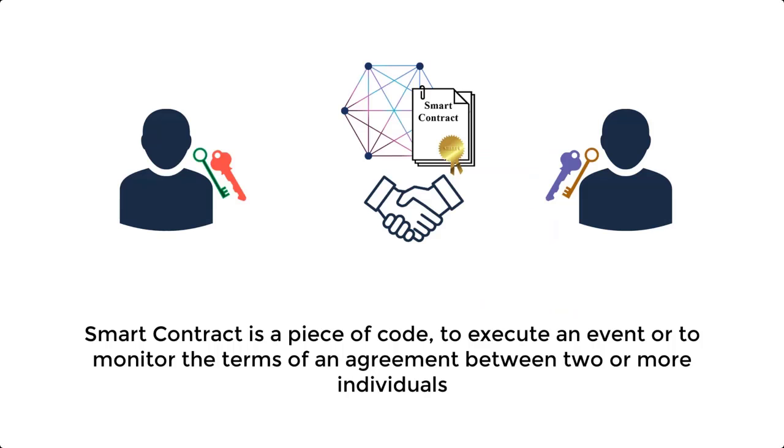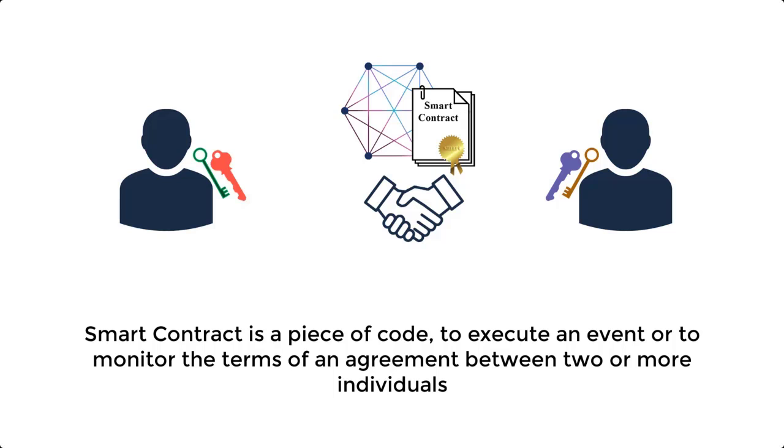The last thing to mention about blockchain for now is the smart contract. A smart contract, as you may know, is a piece of code written in a specific programming language to perform an event or to monitor the terms of an agreement between two or more parties.